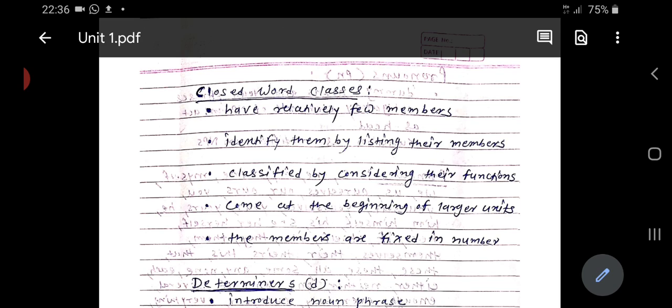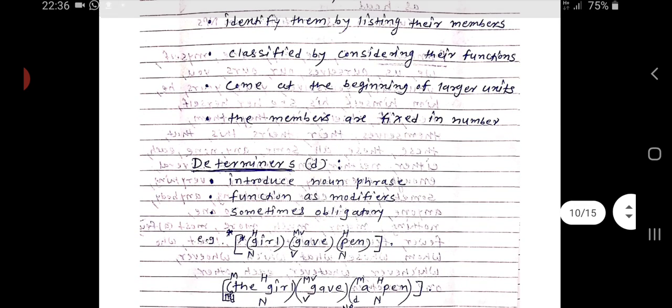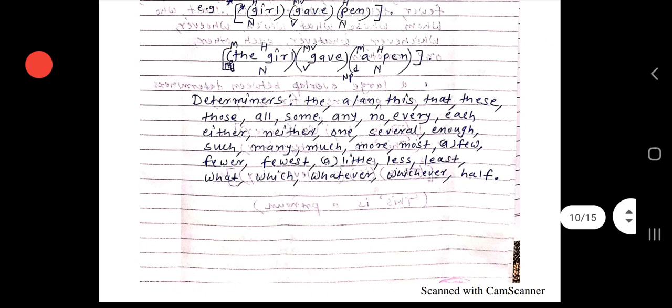We have here the complete list of the determiners beginning with articles: the, a, an, this, that, these, those, all, some, any, no, every, each, either, neither, one, several, enough. So this list ends with a full stop.